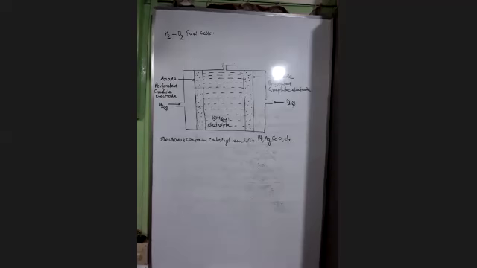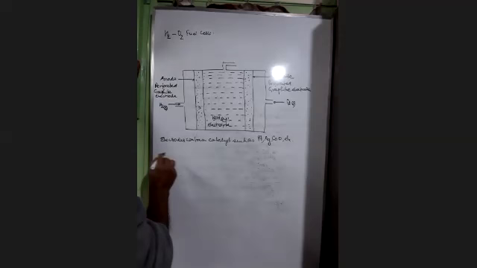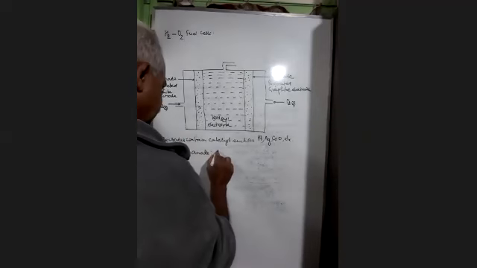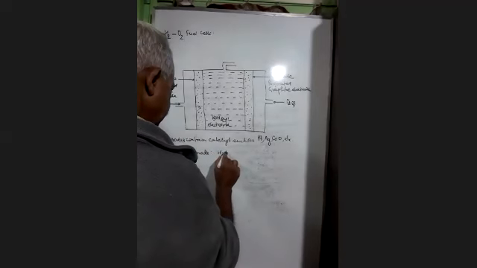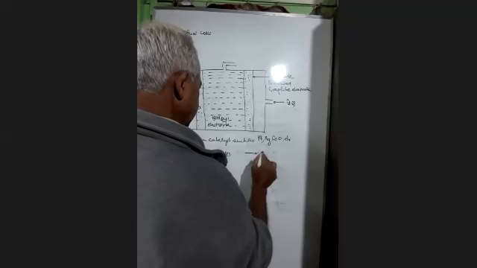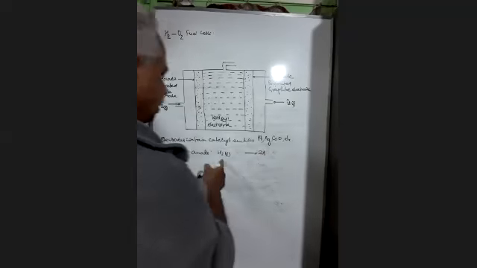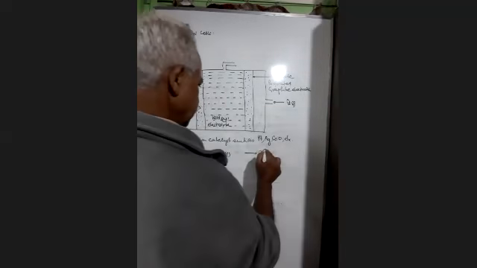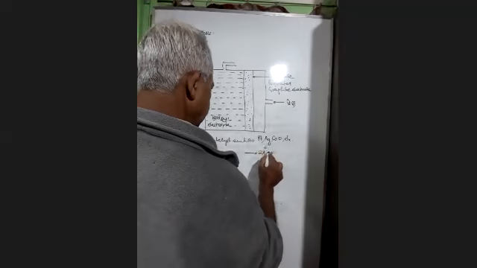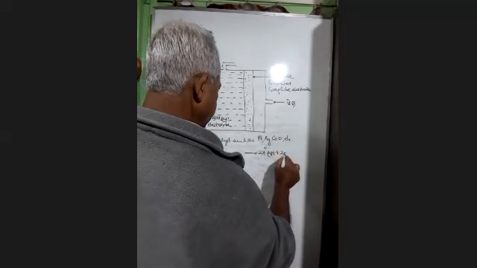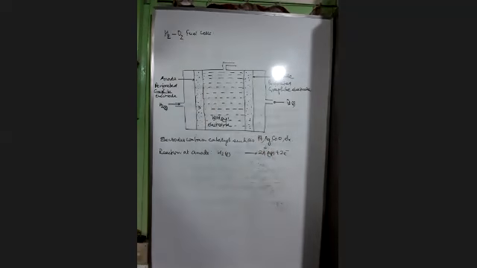Reaction. Reaction at anode. See here. Hydrogen gas will act as an anode. So each hydrogen will give 2 electrons.